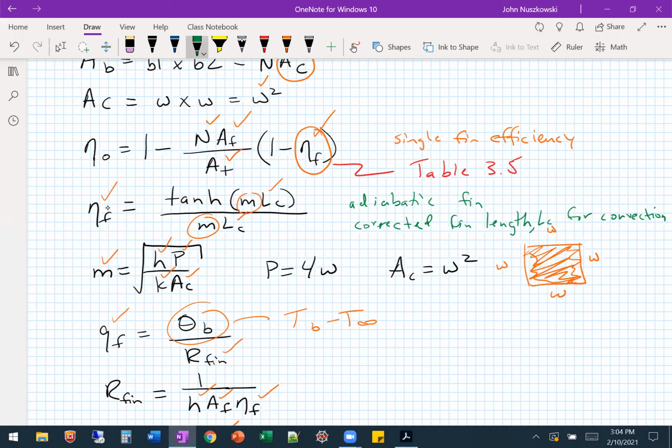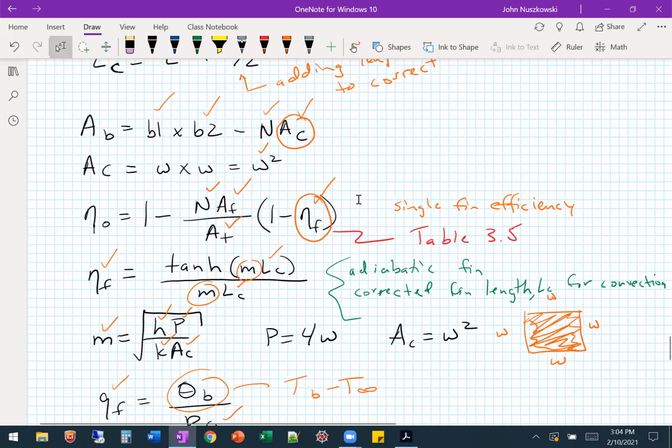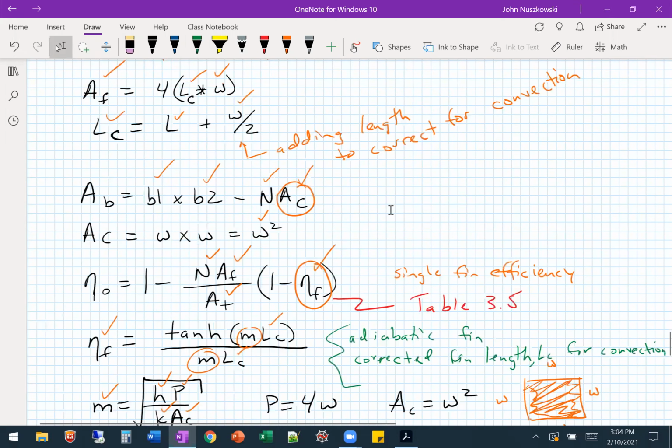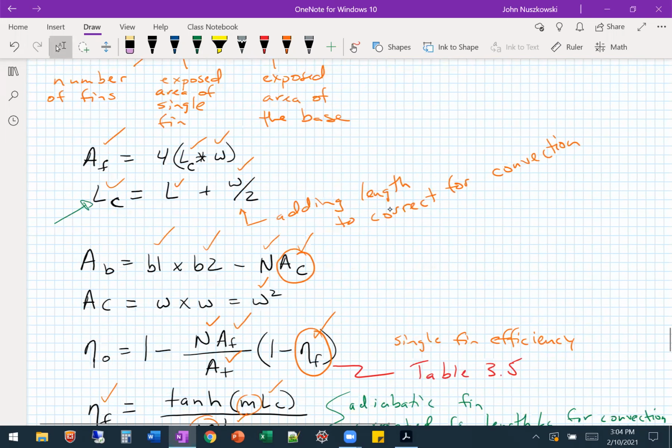So that's what you see here. In that equation, we need that corrected length and the parameter M. Did we ever write down the corrected length? No, it doesn't look like it. Oh yeah, we did up here. LC.